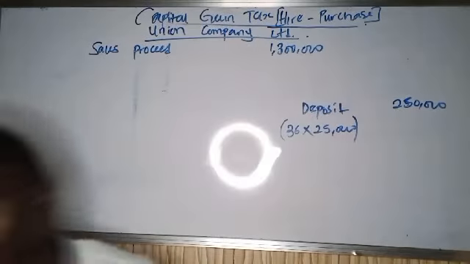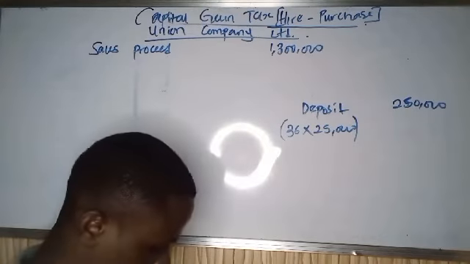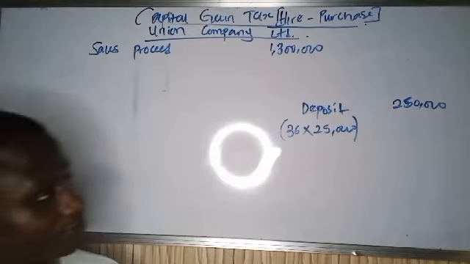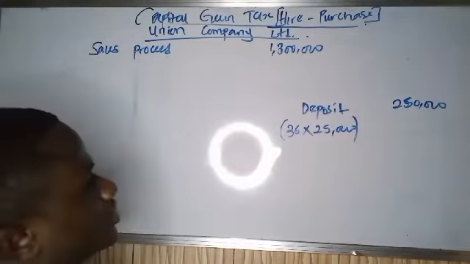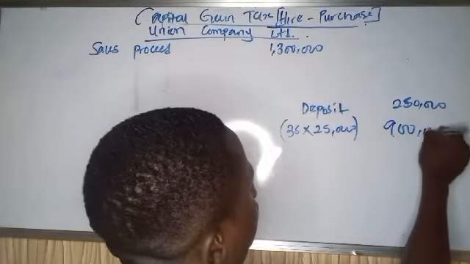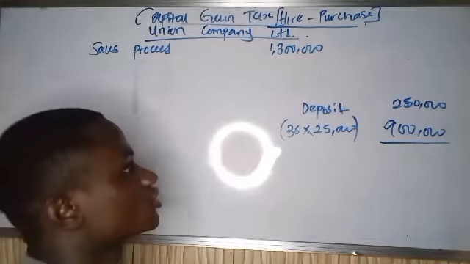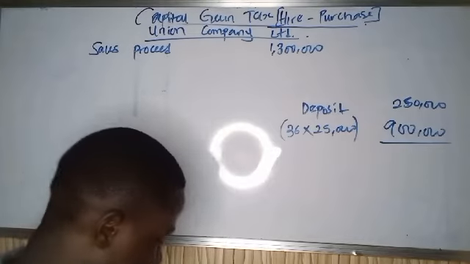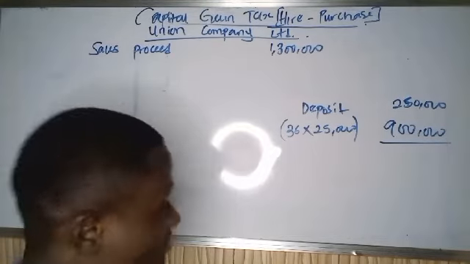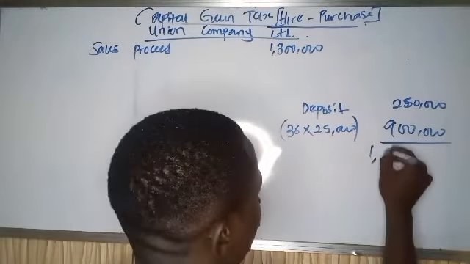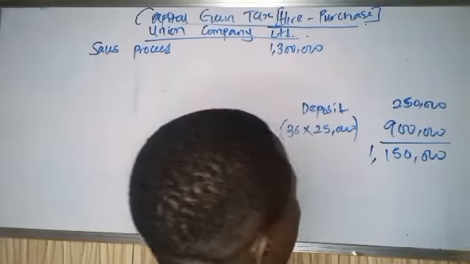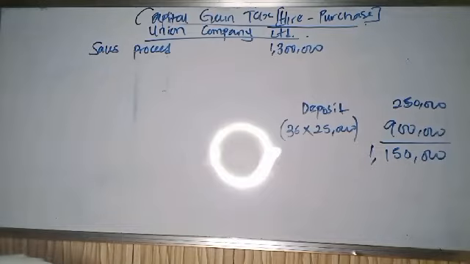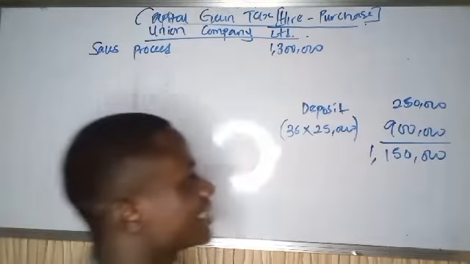So if I take my calculator, 36 times 25,000 is 900,000. So the total amount of money this company paid is 900,000 plus 250,000, and that means 1,150,000 is the actual amount of money being paid for this asset.